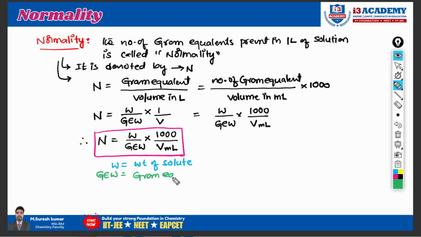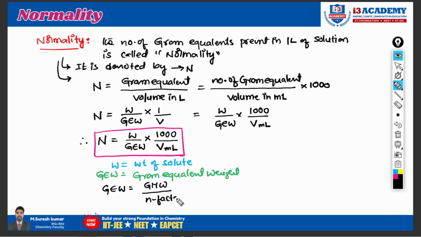Gram equivalent weight GEW is calculated as gram molecular weight GMW by N factor.